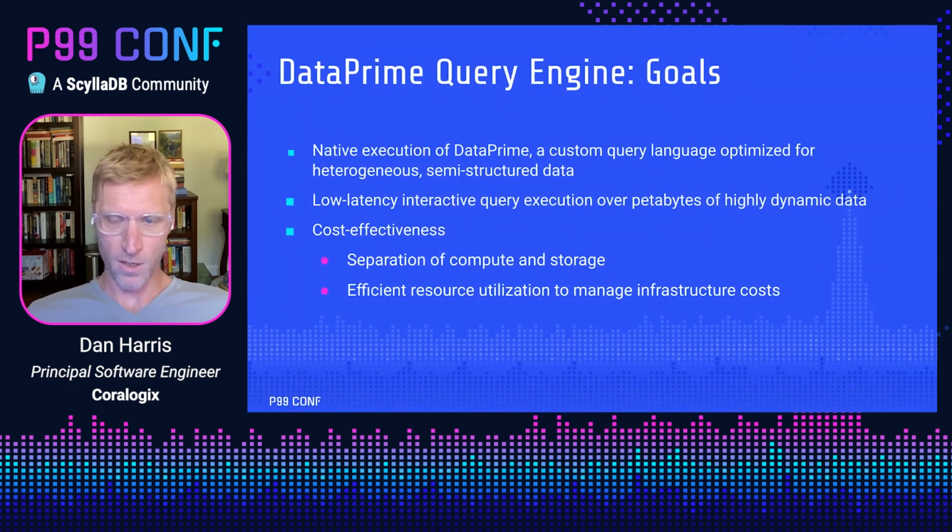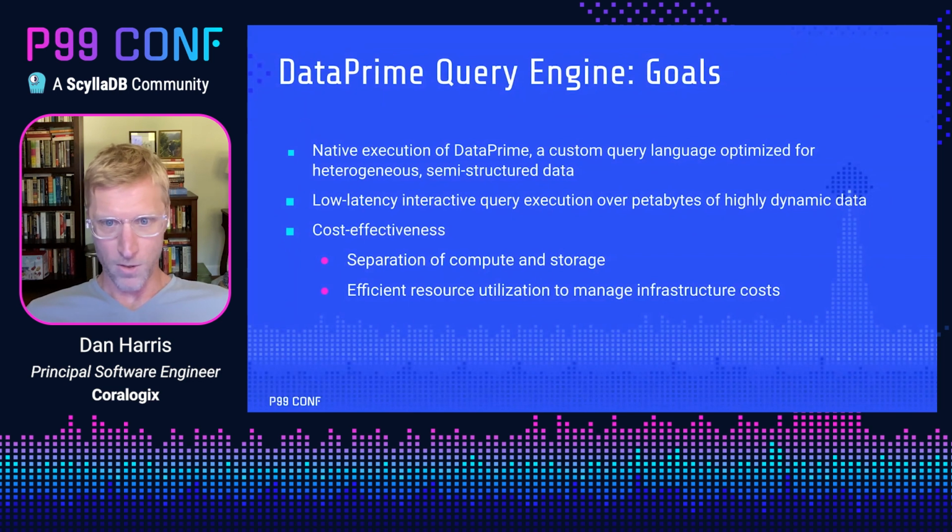And this isn't a general analytics engine where we're running huge batch jobs where latency isn't super important. This is meant to drive low latency, real-time, interactive queries from our customers over petabytes of data that have been ingested into our platform.